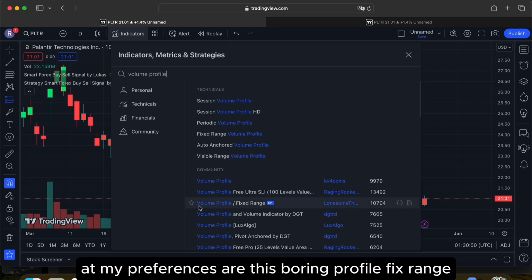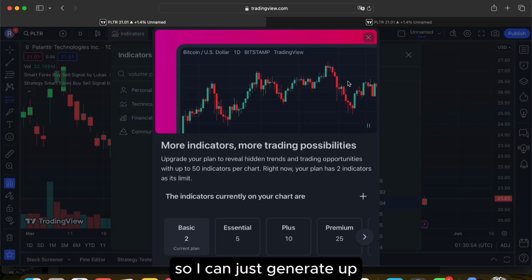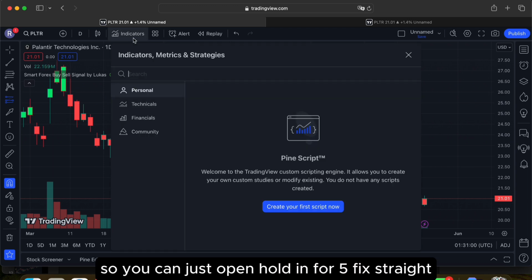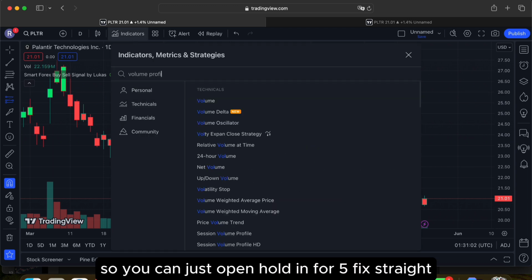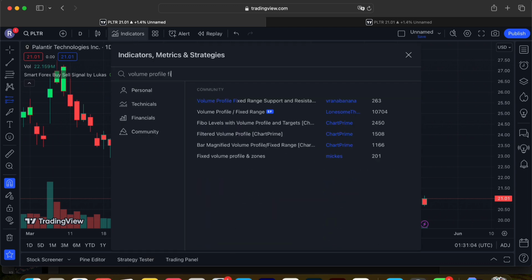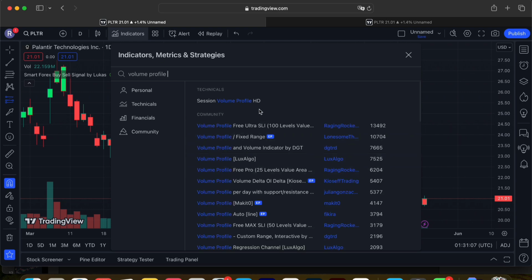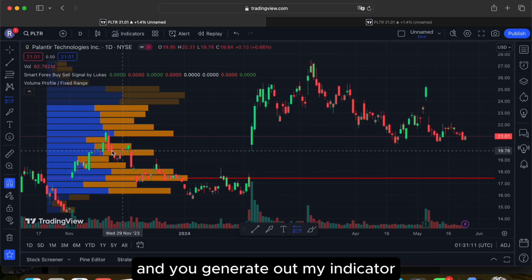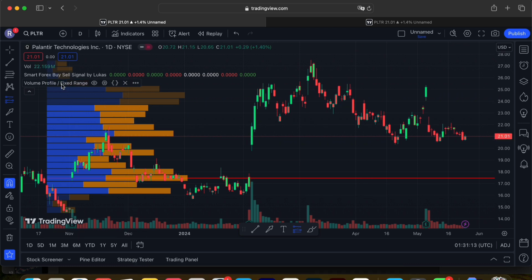My preference is the volume profile fixed range, so I can just generate it. You can just open volume profile fixed range and it will generate the indicator.